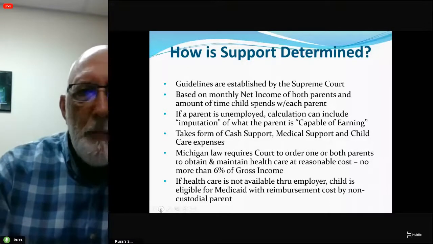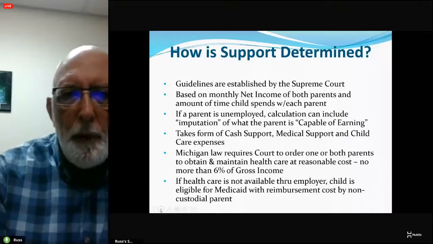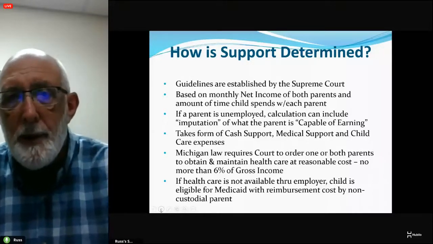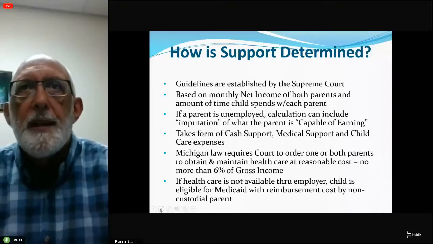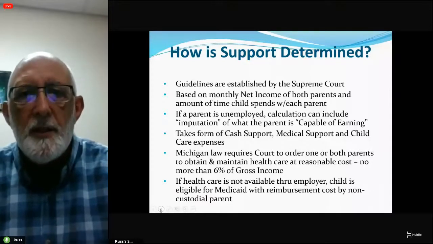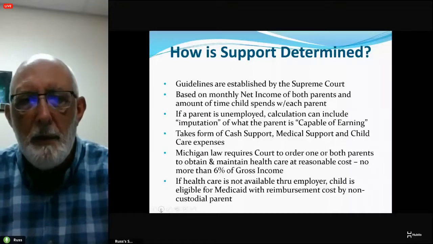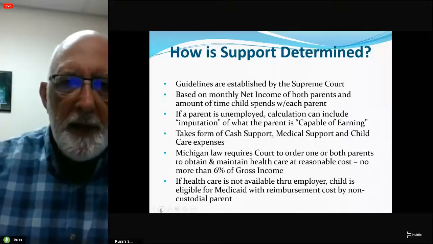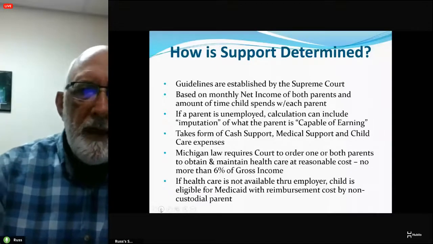It's based on monthly net income of both parents and the amount of time that the child spends with each parent. By amount of time, it's based on the number of overnights: how many nights my child is actually with me and how many nights the child spends with the mother.